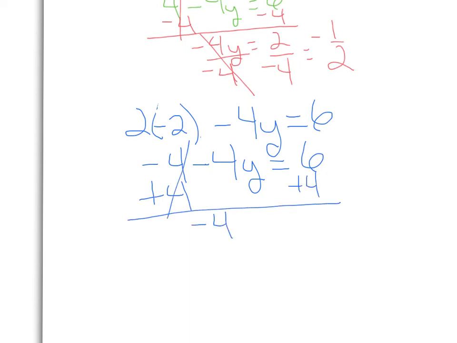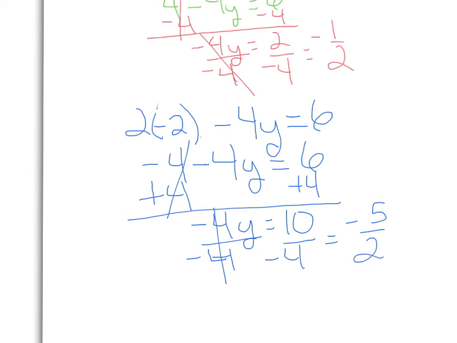So negative 4y equals 10. Divide by negative 4, and we get another fraction, negative 5/2 when you reduce.